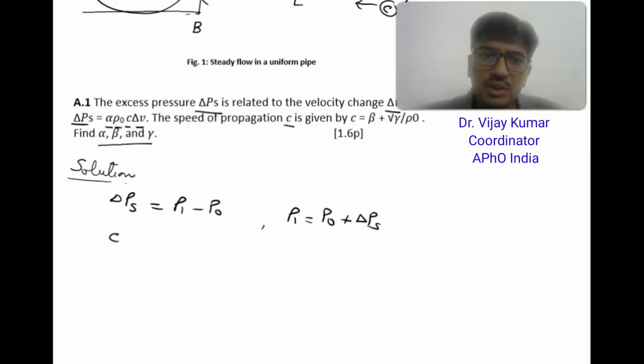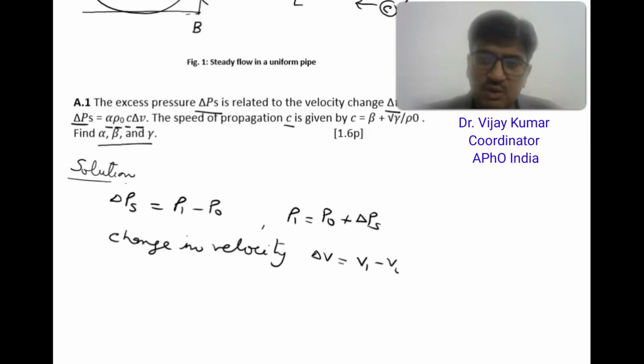The change in velocity, delta V, should be V1 minus V naught. V1 is the velocity of the reflected fluid wave, and V naught is that of the incident fluid wave.